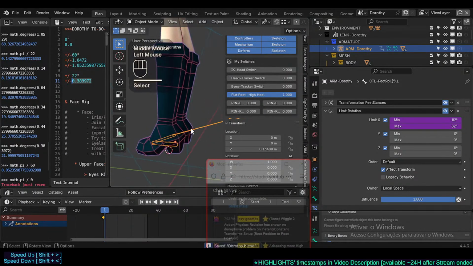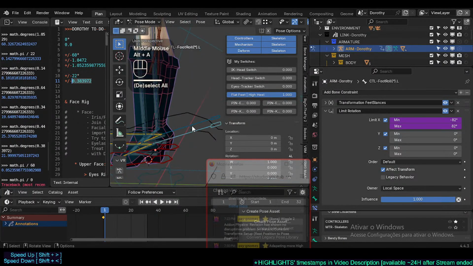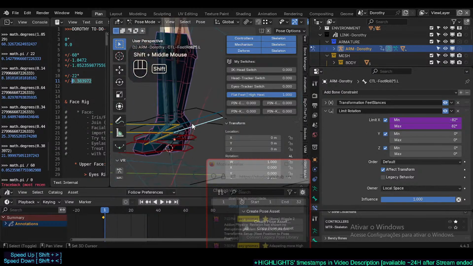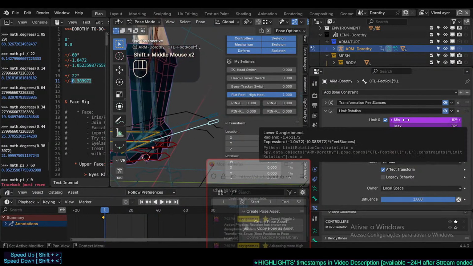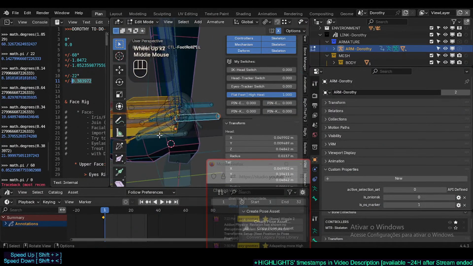Now what we need to do, so it's just 2 bones. It's symmetric, so first we're gonna symmetrize them.